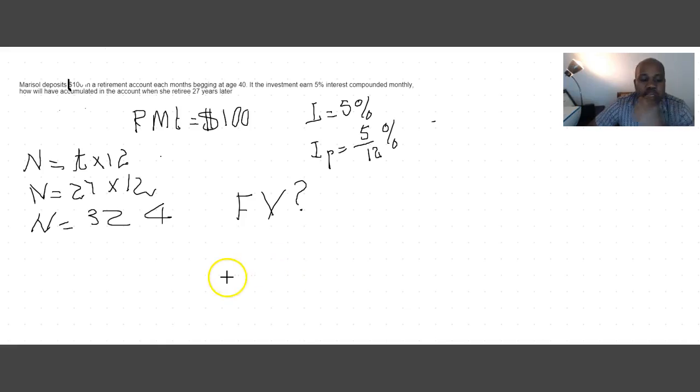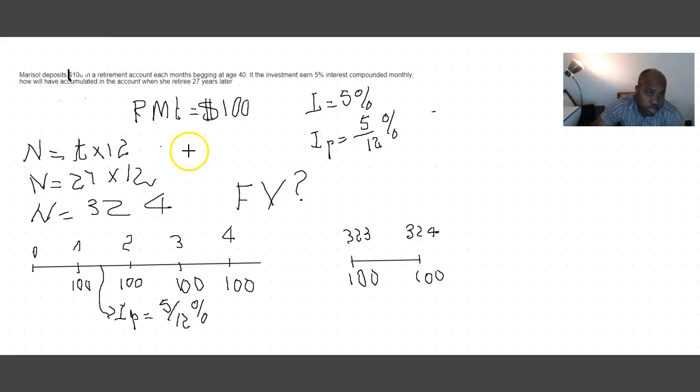Let's try to represent what they are talking about on a line, so that you can understand. Guys, this is a representation of the problem. In the first month Marisol deposits $100.